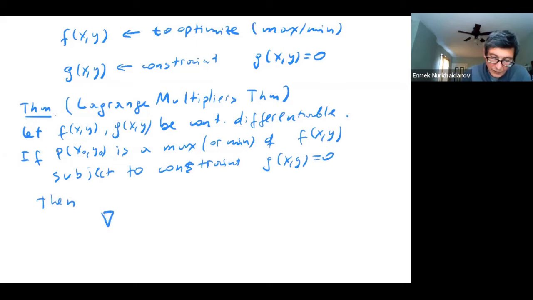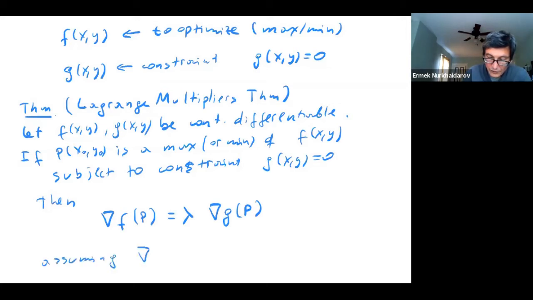The gradient of function f at point P and the gradient of function g at point P are going to be parallel, assuming that the gradient of g at point P is not equal to 0.